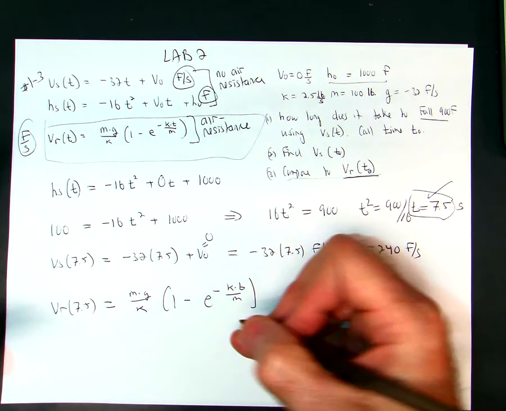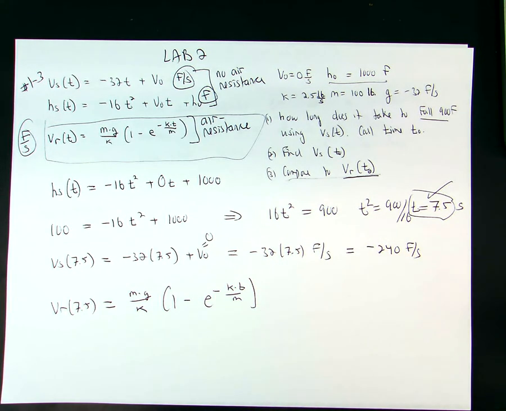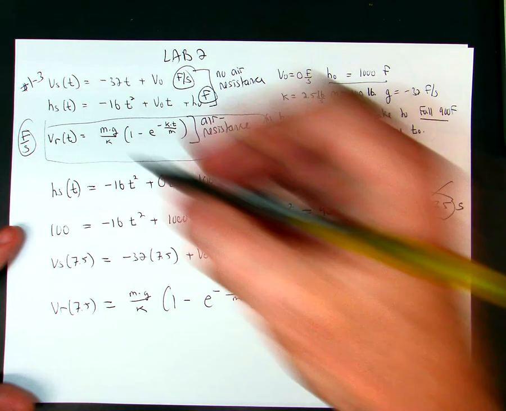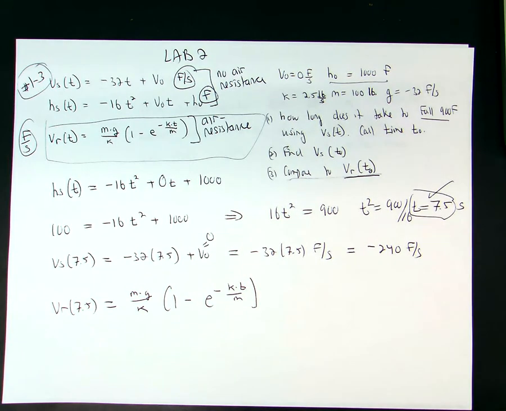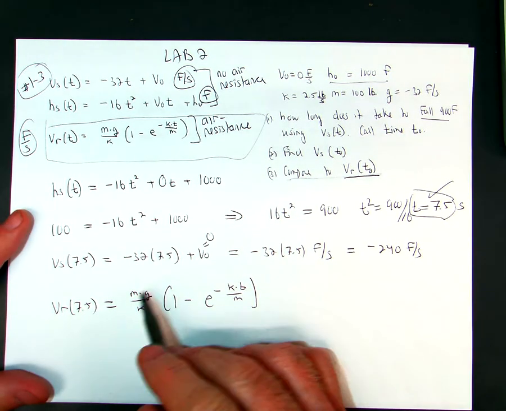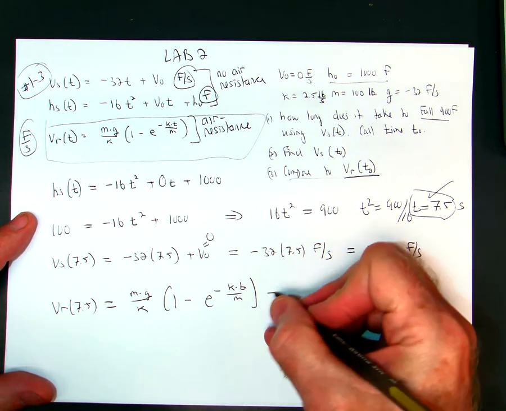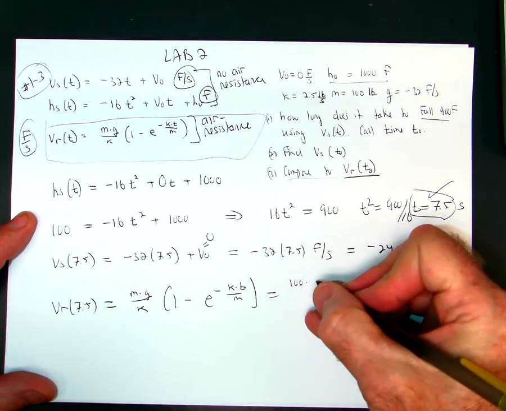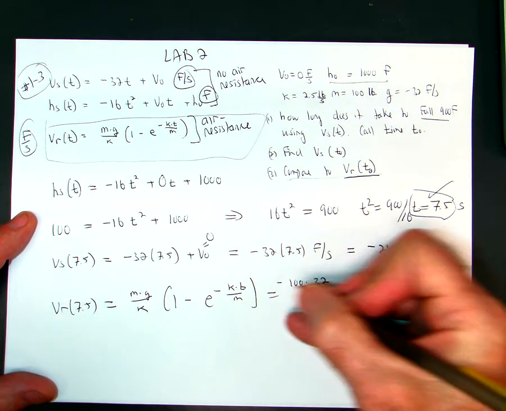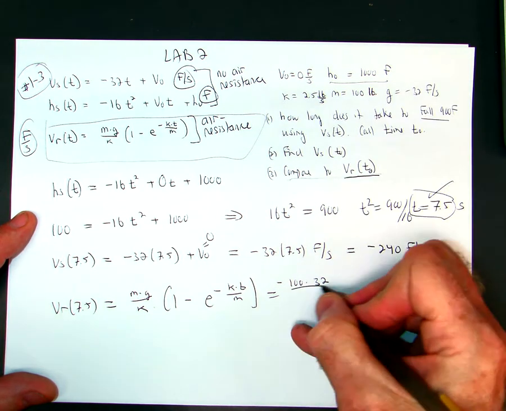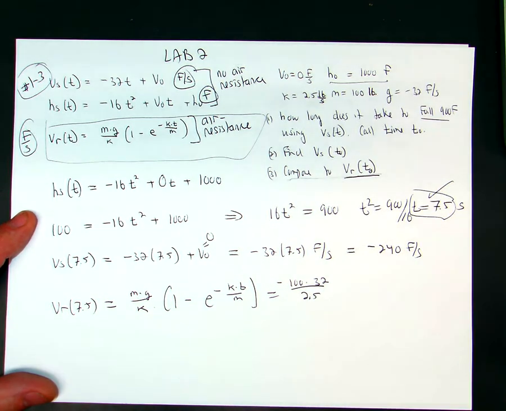Now, again, these are just practice problems to get you introduced to the concepts. So I need to figure out what all this stuff is. Here m is 100, g is minus 32 feet per second squared. K is given, that's 2.5. In the problem, these are going to be different.